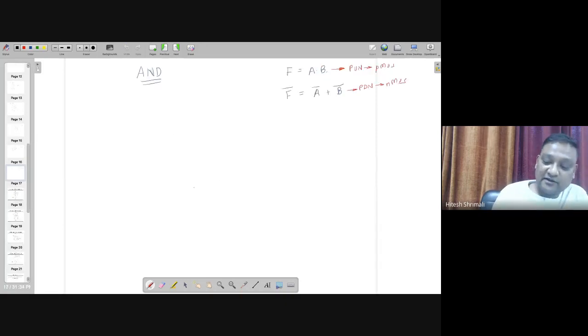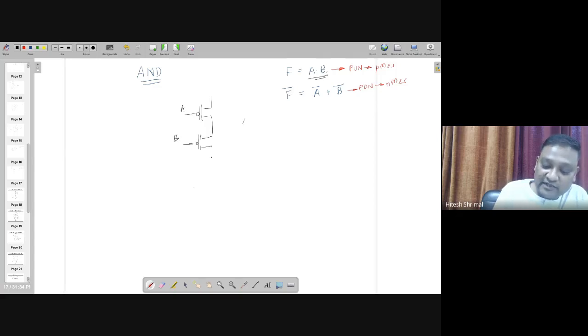Similar to that, this function needs to be implemented with AND logic. So in that case, upside will have two transistors whose inputs are A and B. But note that if I am keeping A and B, A with bubble becomes A bar and B with bubble becomes B bar.